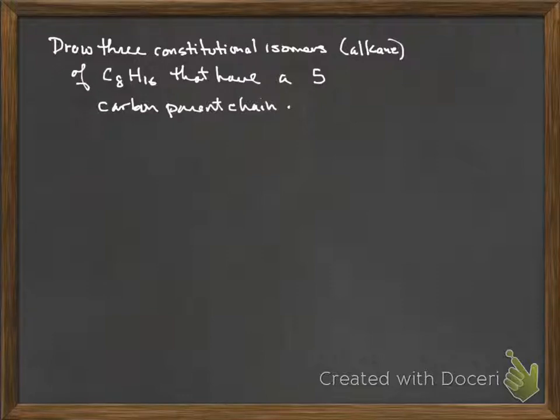So C8H16, the 2n plus 2 rule, if you remember that, 2 times 8 is 16, right? So I don't get the plus 2. So it's an alkane, so it can't have a double bond, so it has to have 1 ring in it.